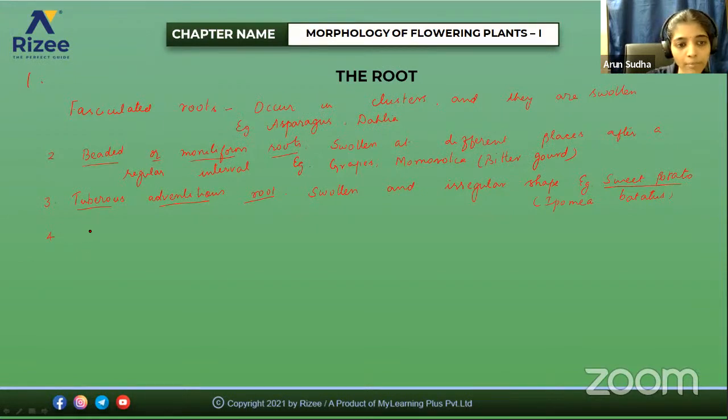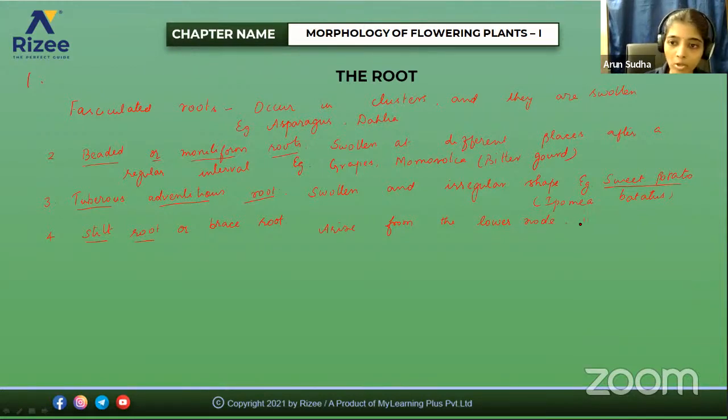And then the fourth type is stilt root or brace root. Here the main feature is they arise from the lower node in the stem and then they enter into the soil.